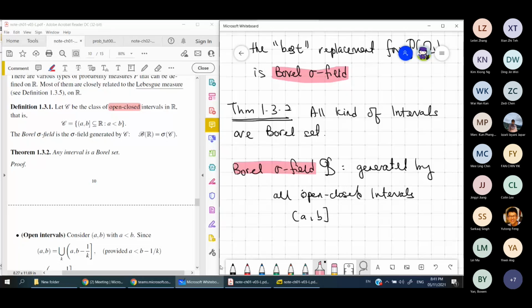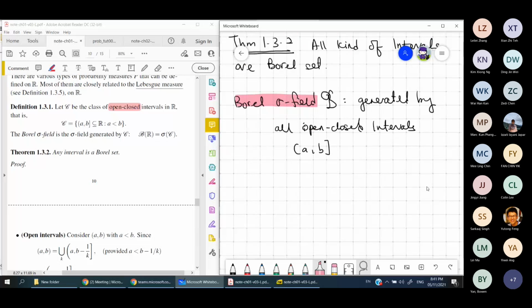So all kinds of intervals are Borel sets. How many types of intervals can we have? Maybe 1 to 4 types, right?